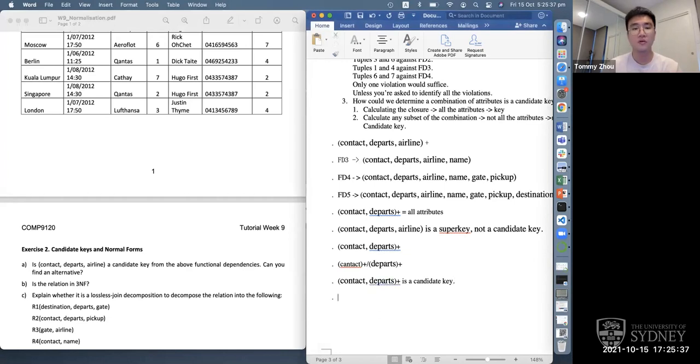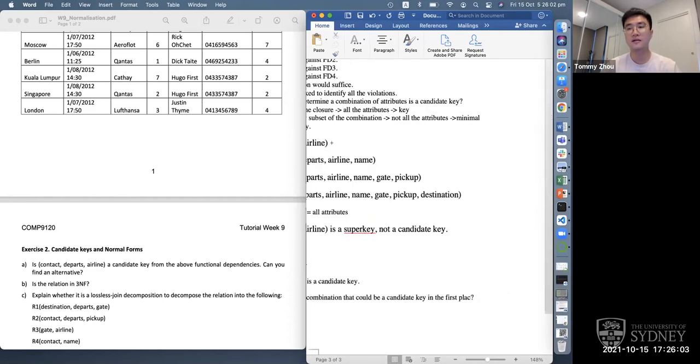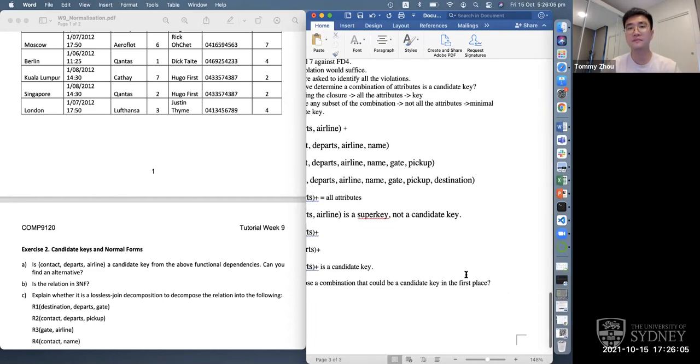So how do we propose a combination that could be a candidate key in the first place?